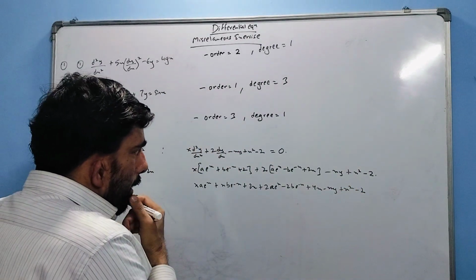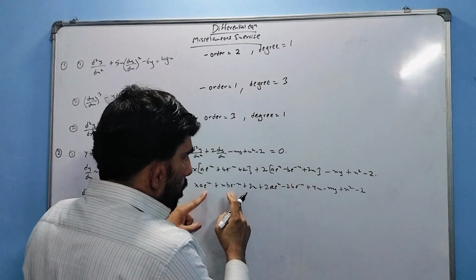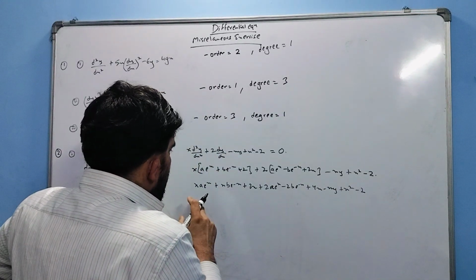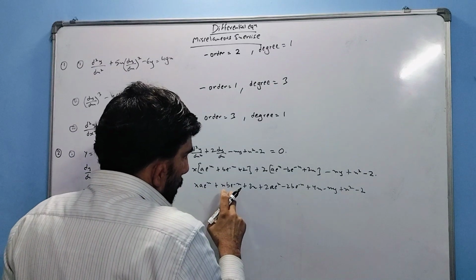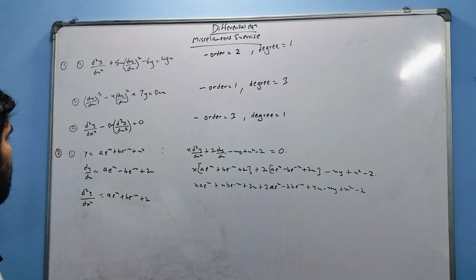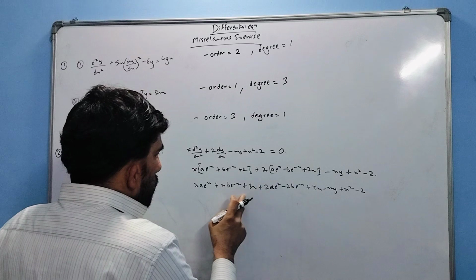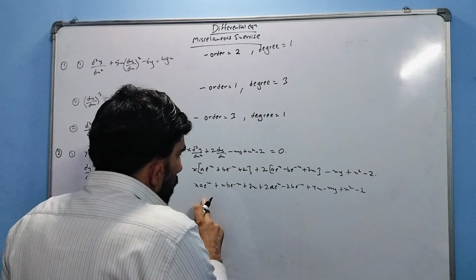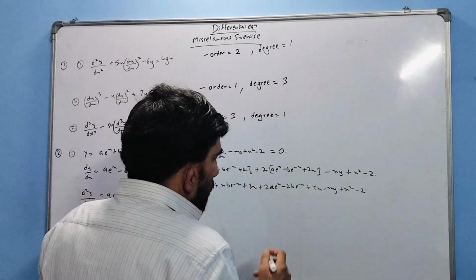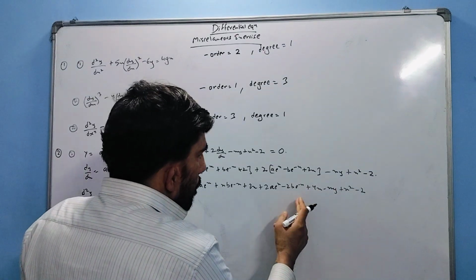Okay, so let us see. We have x ae^x plus x be^(-x) plus 2x plus 2ae^x minus 2be^(-x). Here 2x plus 4x will be 6x, and minus 2.